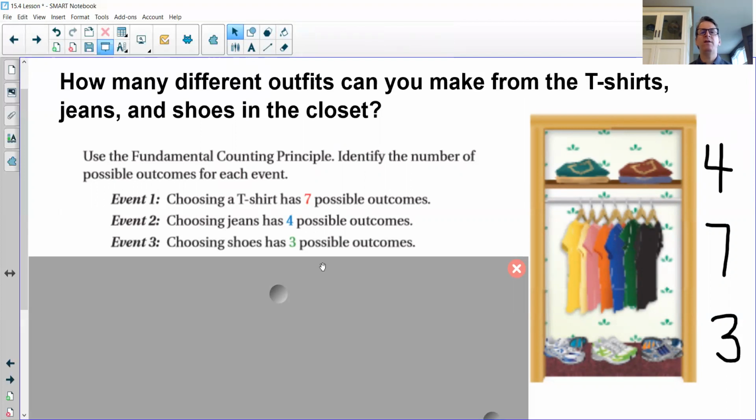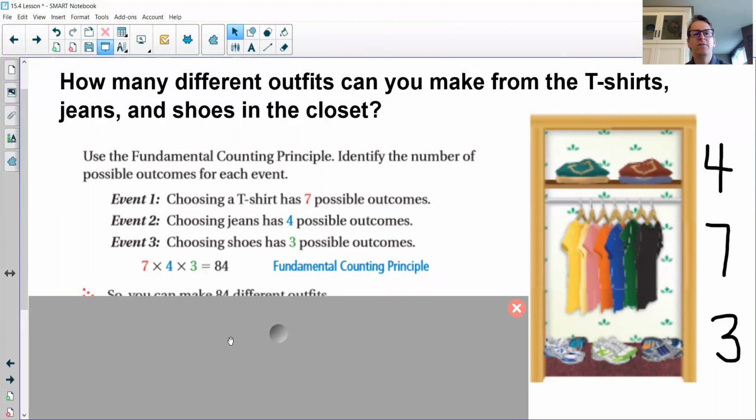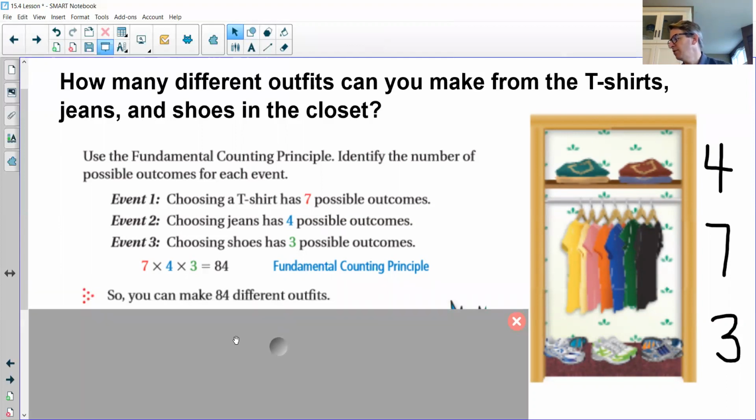And event 3, you have 3 possible shoe choices. So we're going to take the 7 shirts and multiply it times the 4 pairs of jeans, and then multiply it by 3 pairs of shoes. And we get 84 possible combinations using the fundamental counting principle.